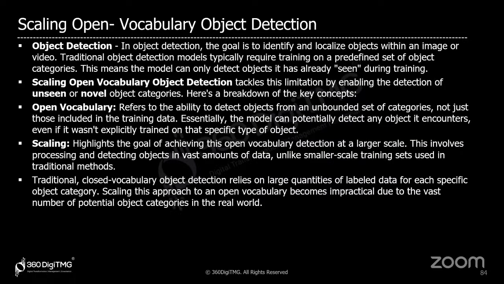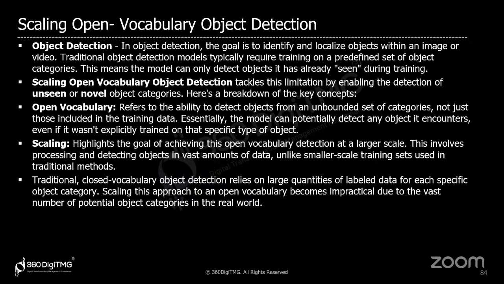Then there is scaling open vocabulary object detection models. So this is an object detection task. It has a scaling open vocabulary detection task, which will tackle the limitations by enabling the detection of unseen or novel object categories.